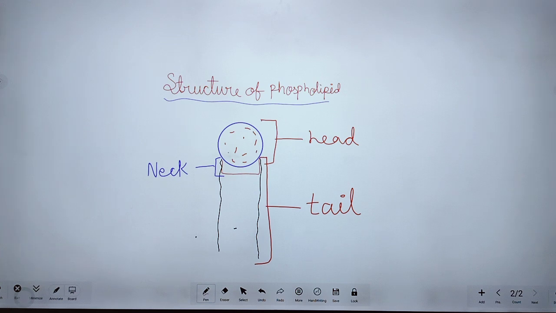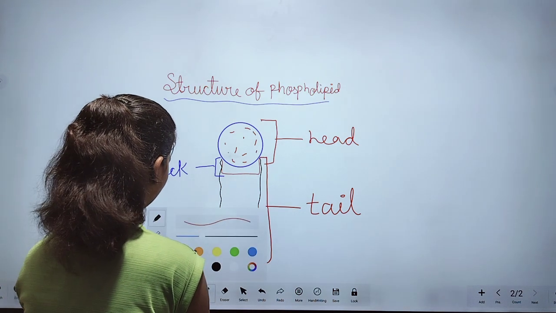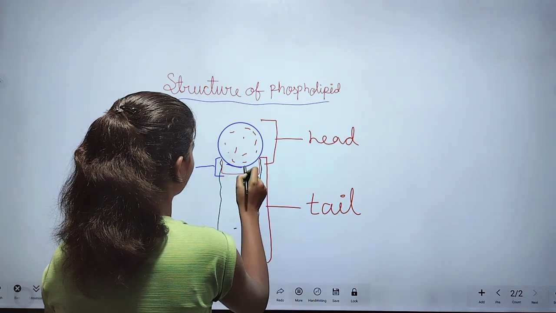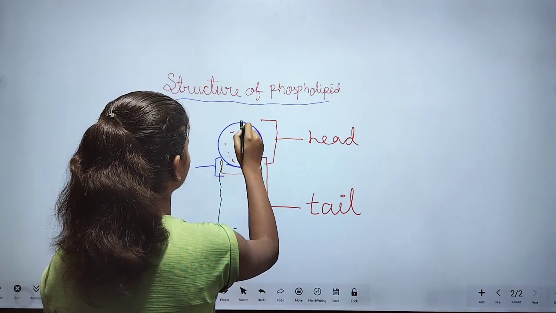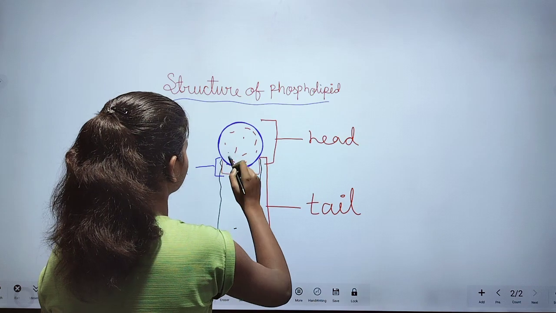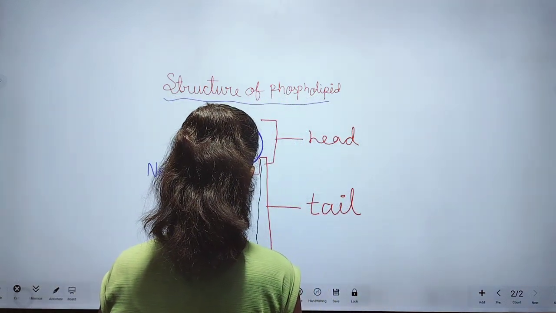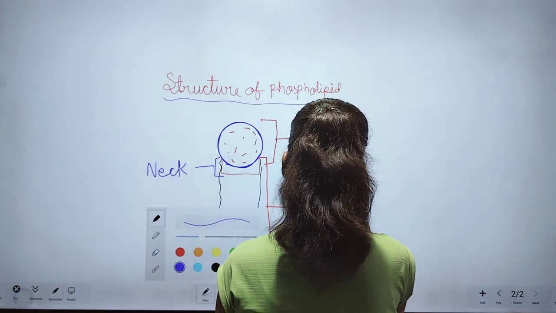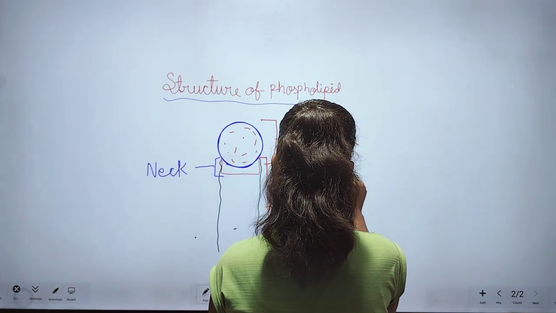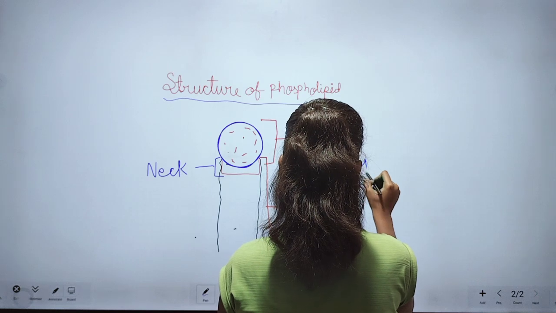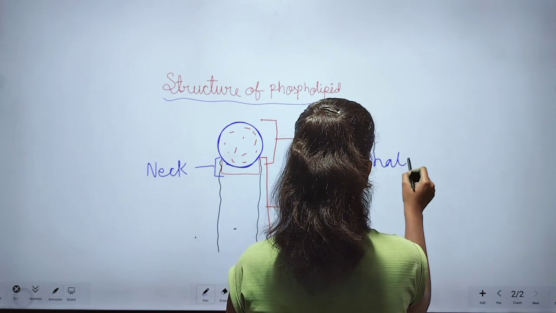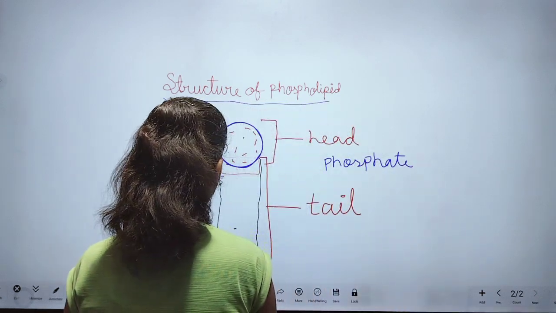This blue one is called the head of phospholipid. It is mainly composed of phosphate.